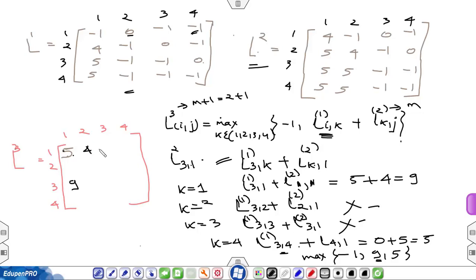This is 4, -1, 0, and 2 comma 1 is 8, this is 5, 4, -1, this is 9, 5, 5, -1, and this is 9, -1, 5, -1.